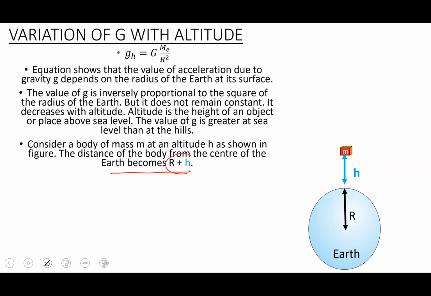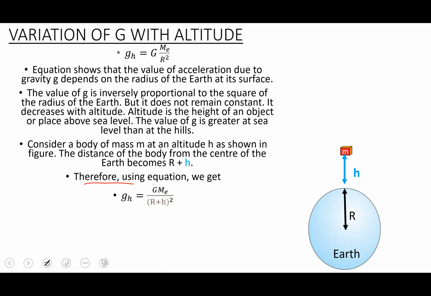So this total distance from here to here is small r. That means small r is equal to h plus capital R. Now, what will be the value of g? Of course, it will be less than the value of g at the surface of the Earth. Now, let us give it a formula, and how can we derive that formula?